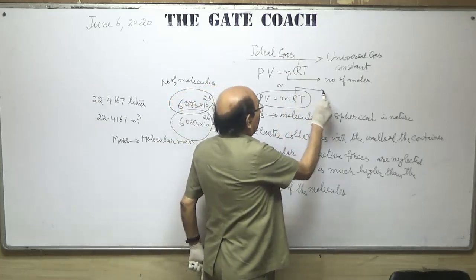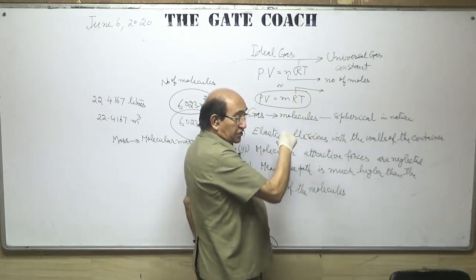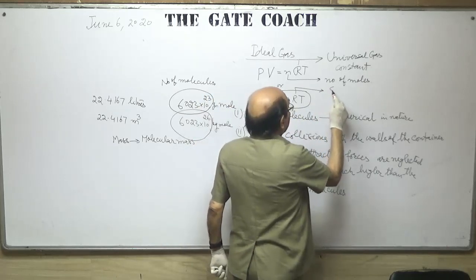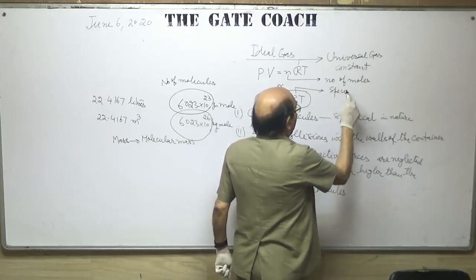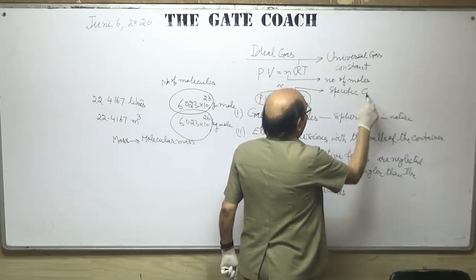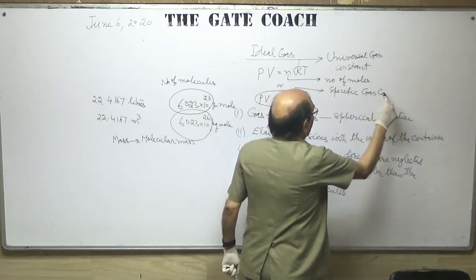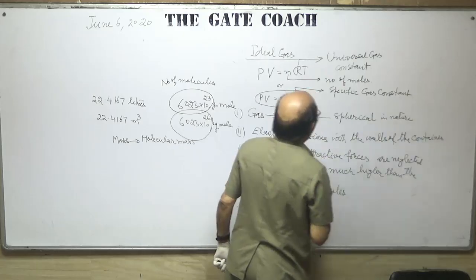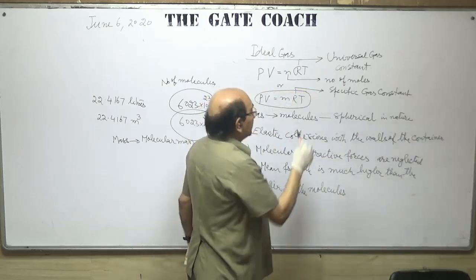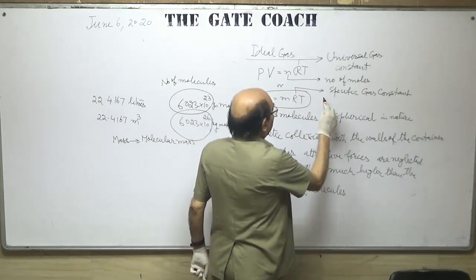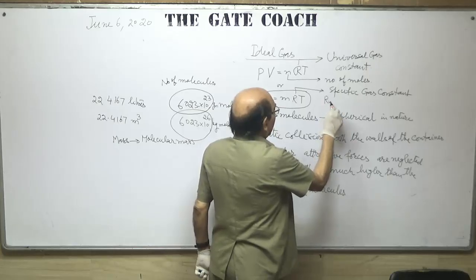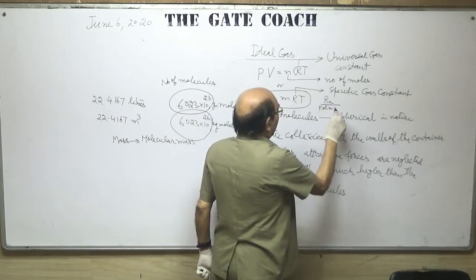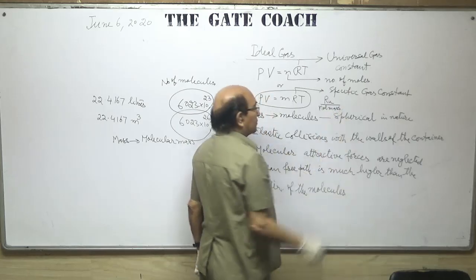This R value shall be for that gas only and is called the specific gas constant, which shall mean the universal gas constant divided by the molecular mass.